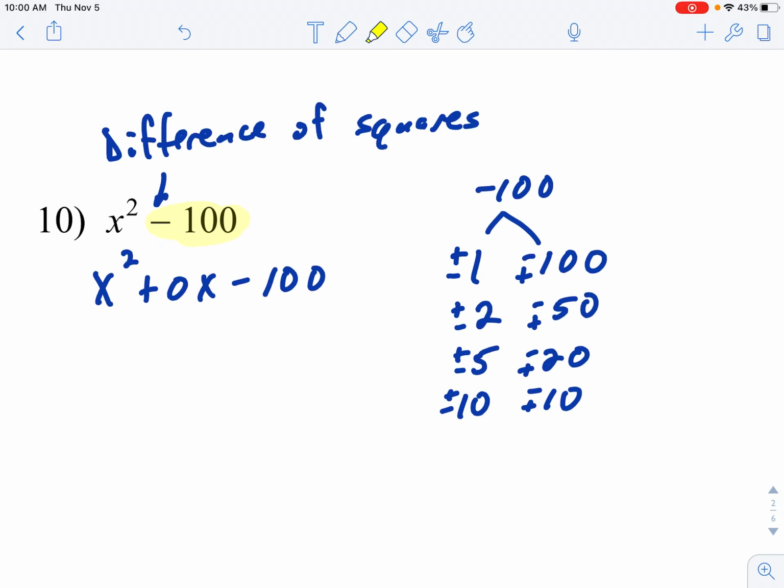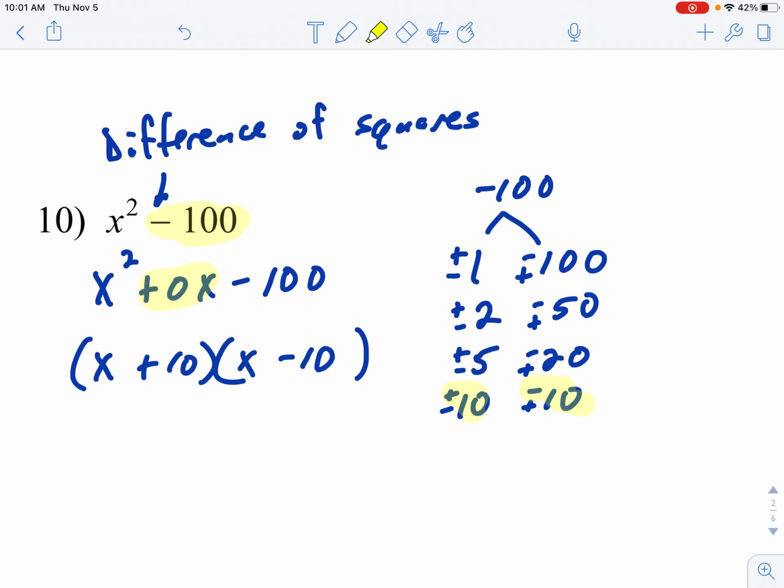So what you really want to find is what pair of numbers add up to 0. Positive 100, positive 1 and negative 100, do they add up to 0? Of course not. But positive 10 and negative 10 do. So if I want to factor this, x and x, I can put a plus 10 and a minus 10.